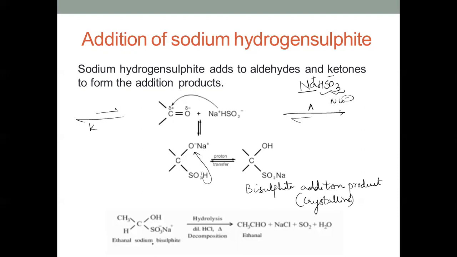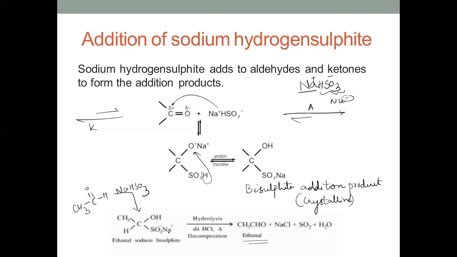See, this is soluble in water, and when treated with mineral acid or alkali, it can be converted back to the aldehydes. When we look at the addition of CH3CHO on treatment with sodium bisulfite, we'll get this.